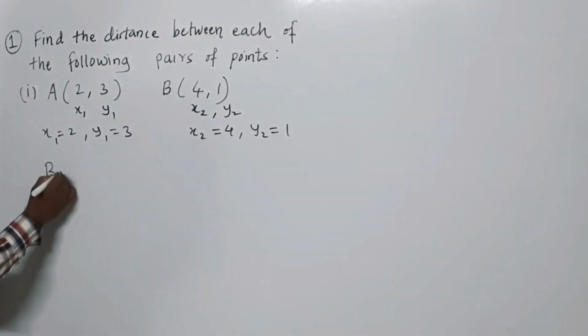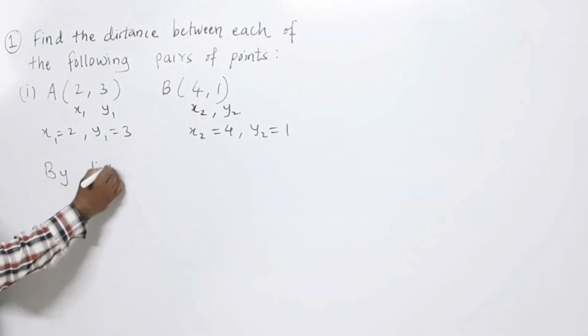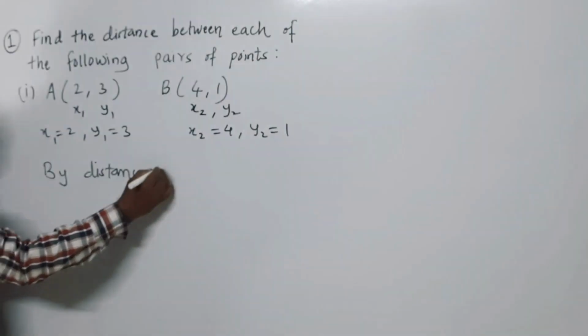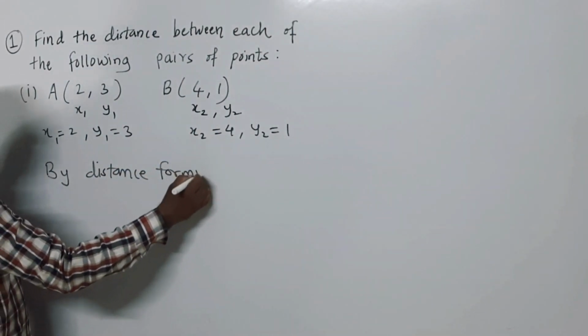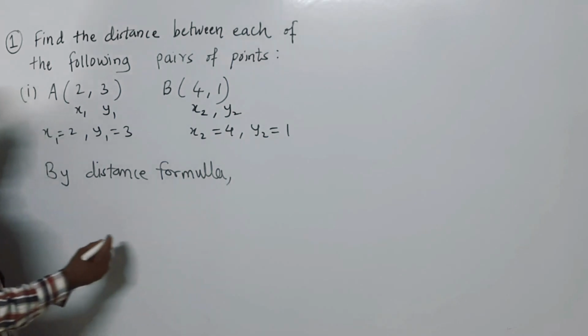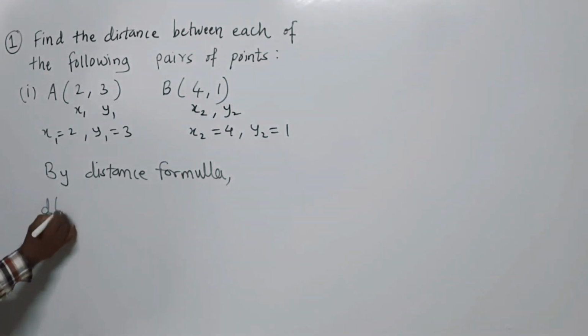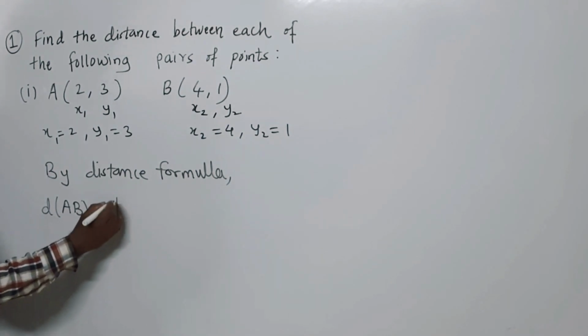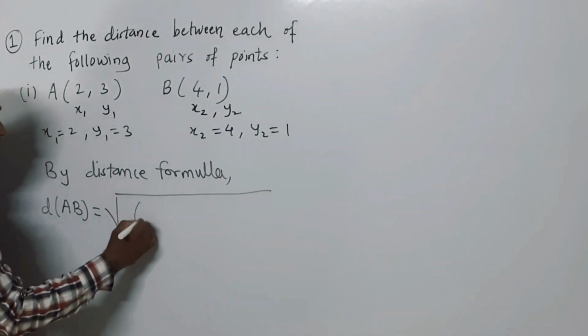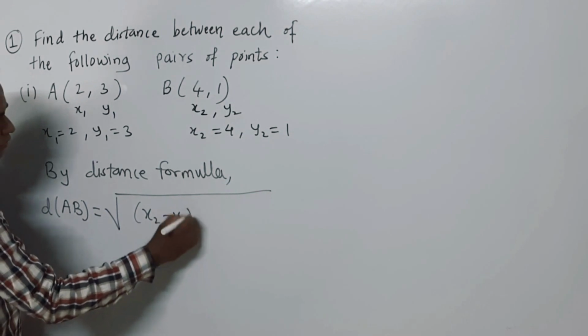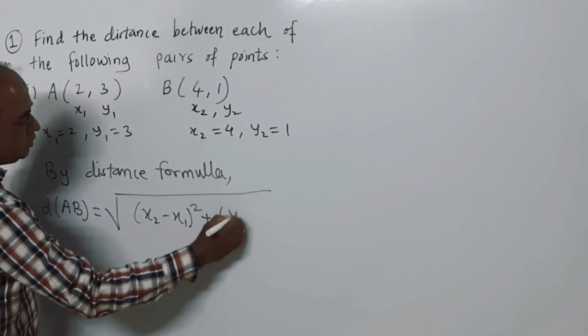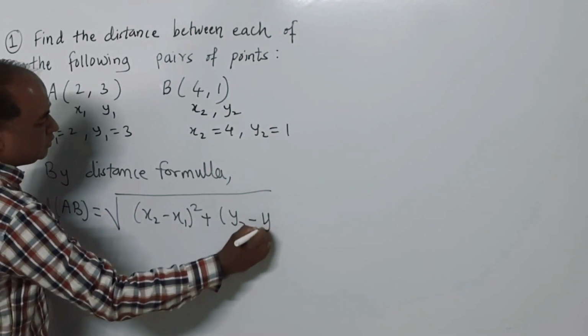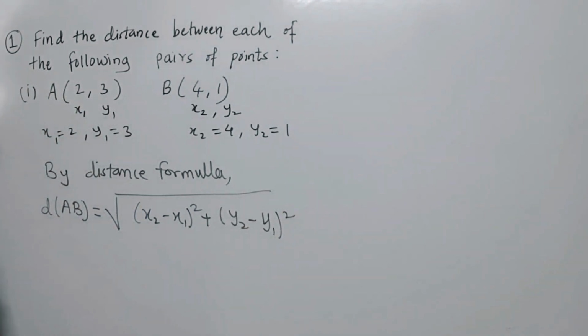So by distance formula, distance AB is equal to under root (x2 minus x1) square plus (y2 minus y1) square.